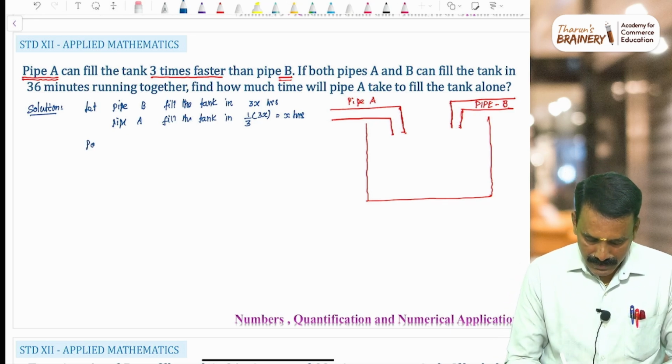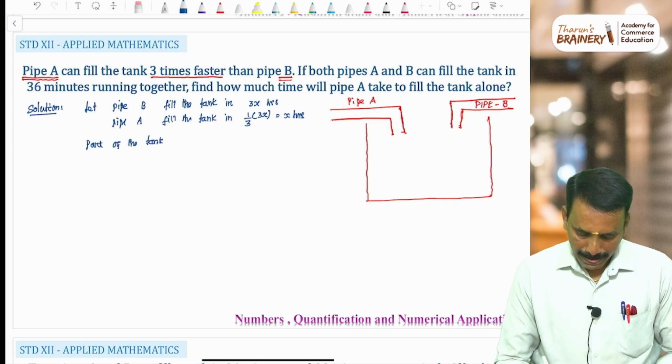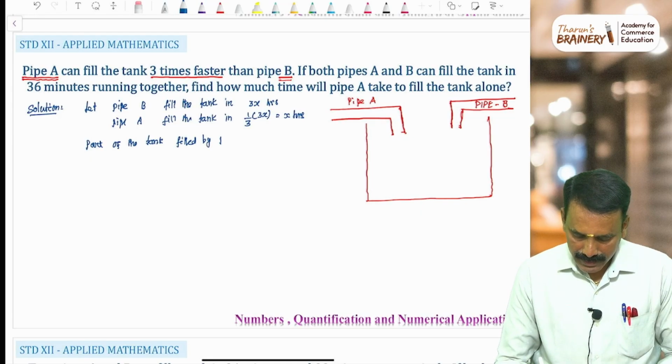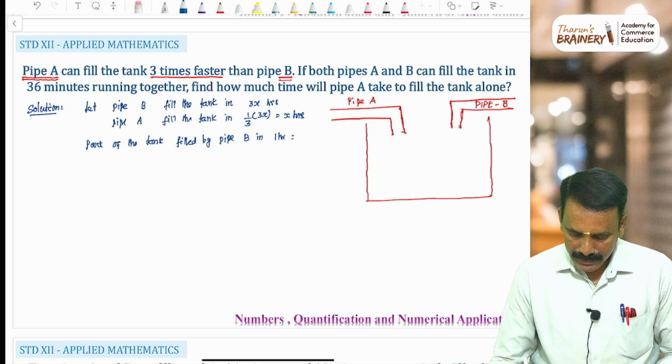So part of the tank filled by pipe B in 1 hour will be 1 by 3x.